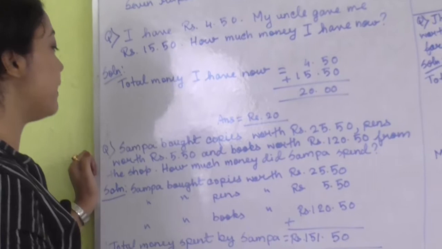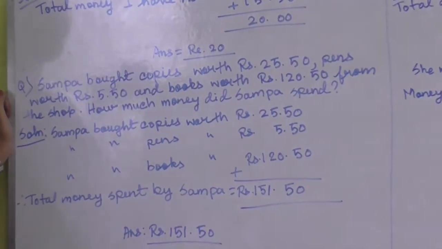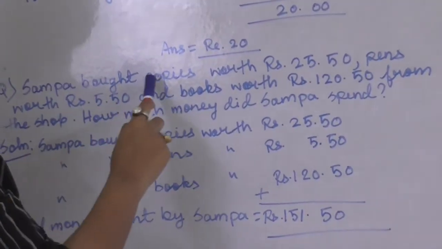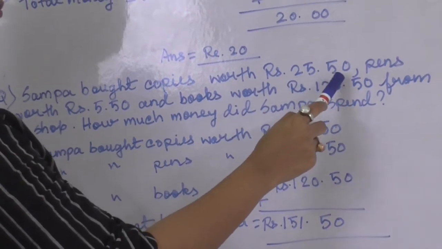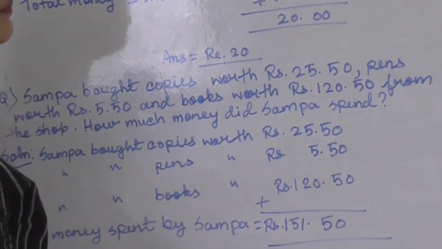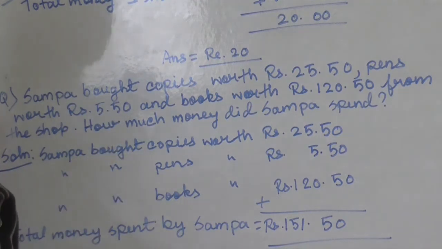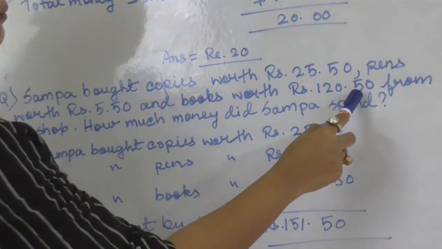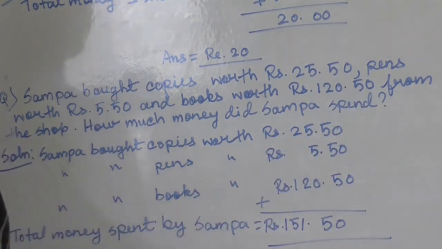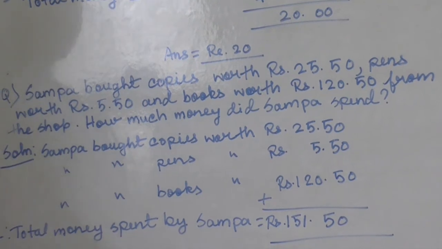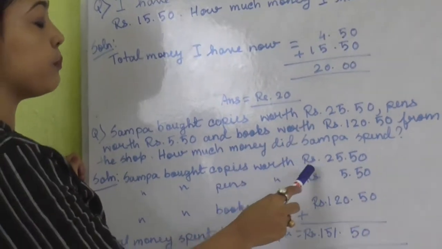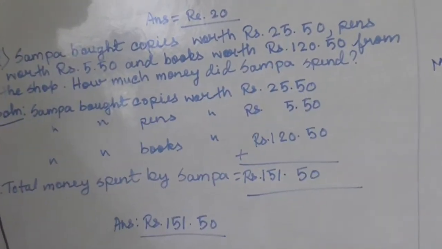Now another problem I have shown over here. Sampa bought copies worth rupees 25.50, pens worth rupees 5.50 and books worth rupees 120.50 from the shop. How much money did Sampa spend? First, Sampa bought copies worth rupees 25.50.